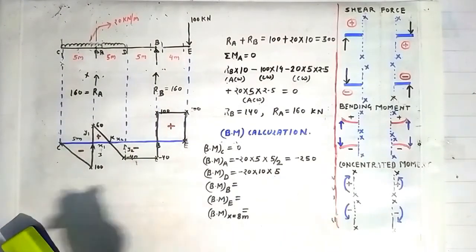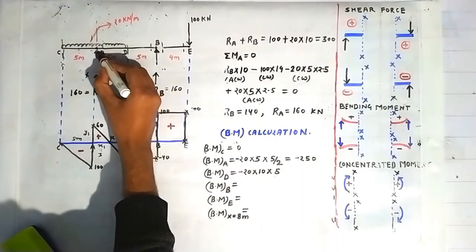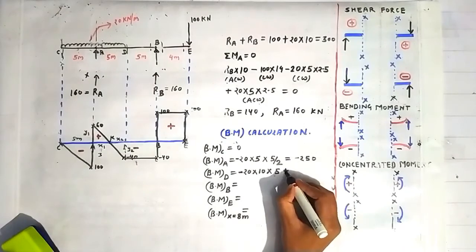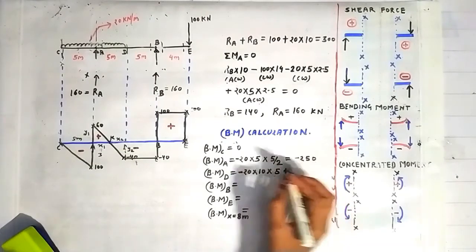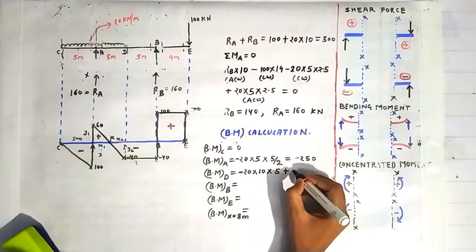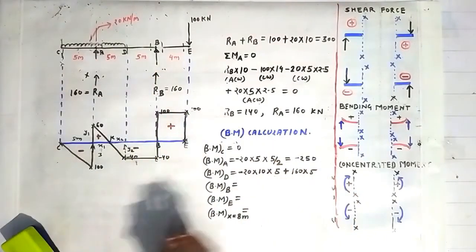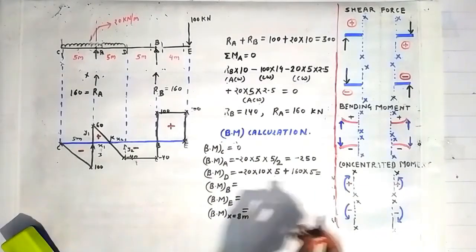Because of the reaction acting at the point A, there will be a bending moment of positive nature, that is a sagging bending moment, with a magnitude of RA into this distance 5, so 160 into 5. So the bending moment at the point D is minus 200.